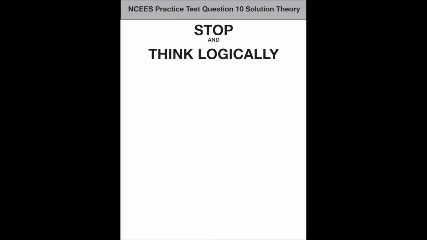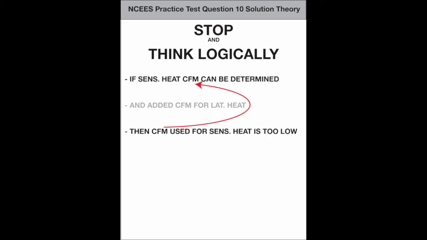Follow this train of thought. If the CFM required for the sensible heat gain can be determined, and there is, hypothetically, added CFM for the latent heat gain, then the CFM used to solve for the sensible heat gain is too low.